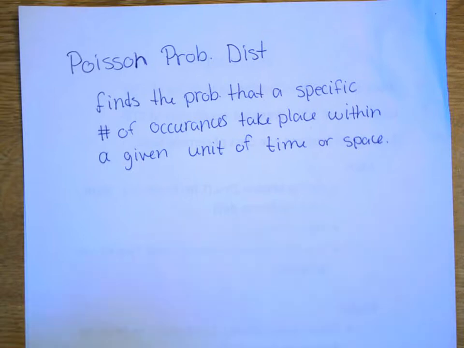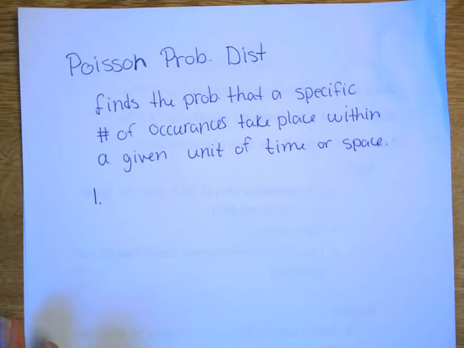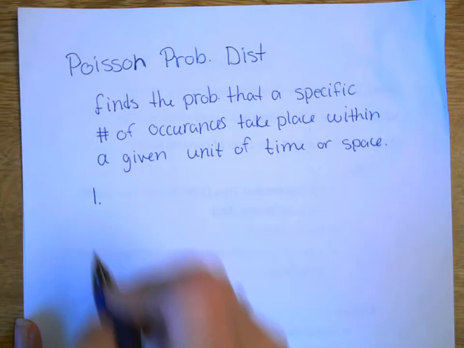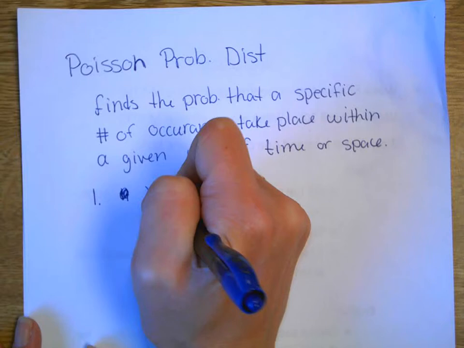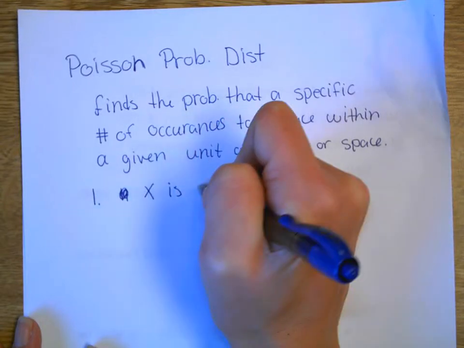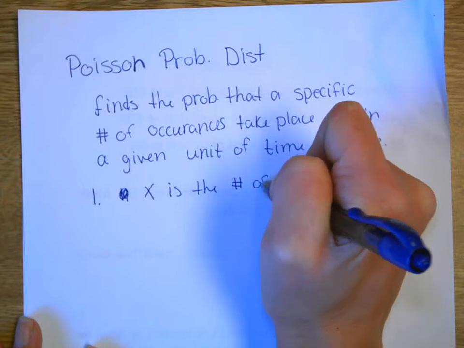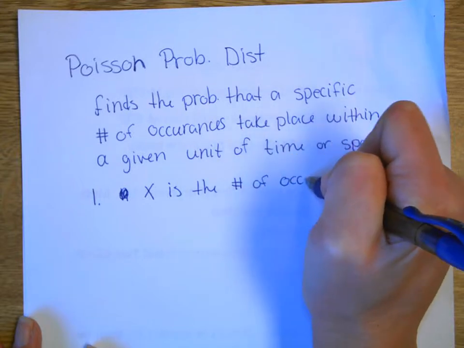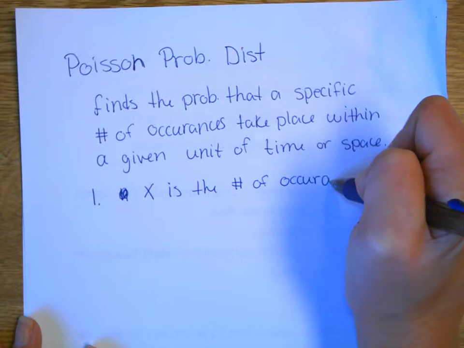So, the conditions here: this time, X is going to represent the number of times the event occurs. X is the number of occurrences.